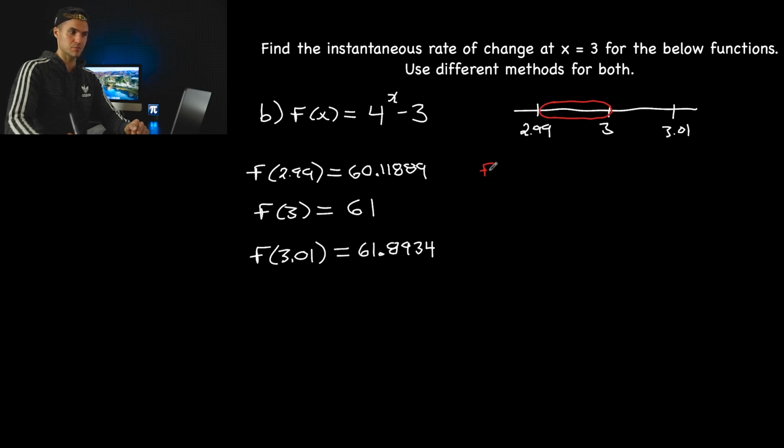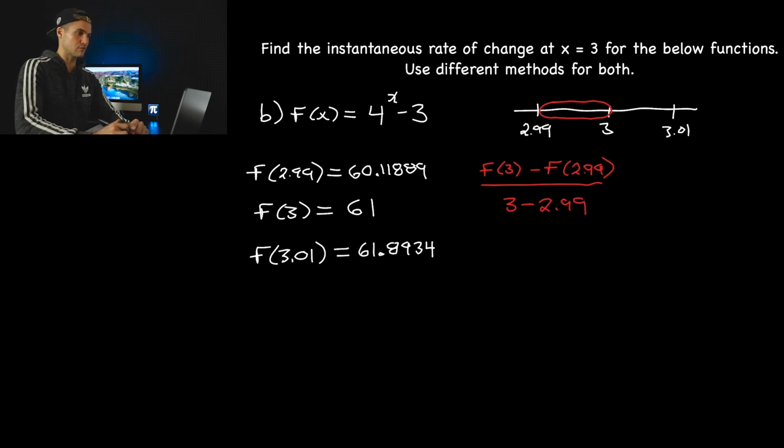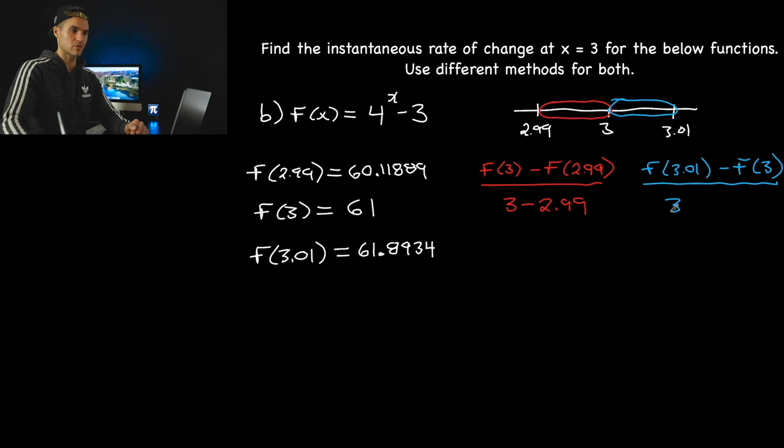So what would we do? We would do f of 3 minus f of 2.99 all over 3 minus 2.99. Then for the next interval, the following interval, we're going to do f of 3.01 minus f of 3, again using these y values in the numerators, over 3.01 minus 3.